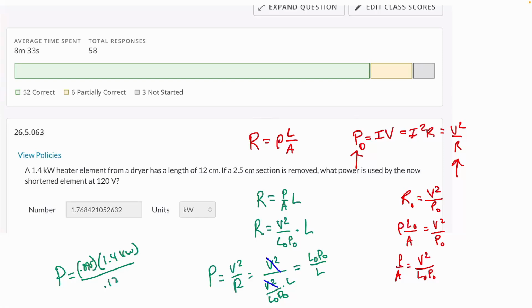No, that makes it even smaller. L naught's on top. Jeez. I even did it in symbols so I wouldn't get confused. I was like, it's going down. It shouldn't go down, it should go up. 0.095. There we go.